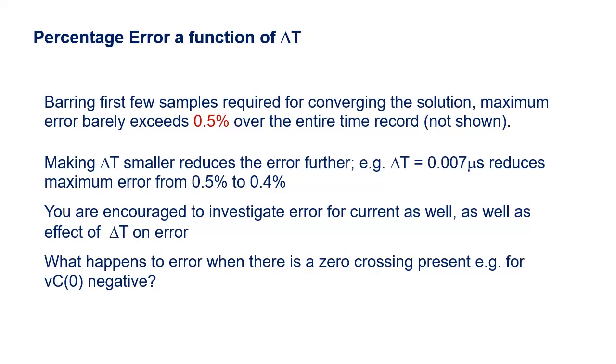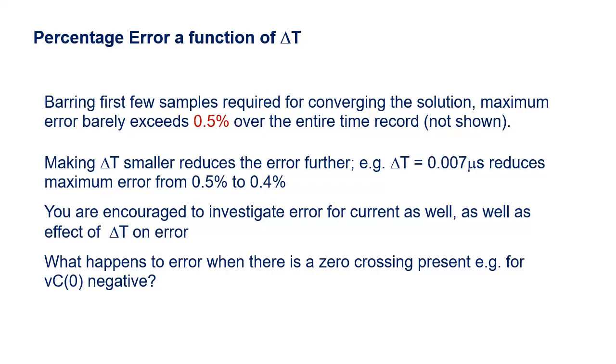Making delta t smaller reduces the error further. For example, delta t equals 0.007 microseconds reduces maximum error from 0.5% to 0.4%. You are encouraged to investigate error for current as well as effect of delta t on error.